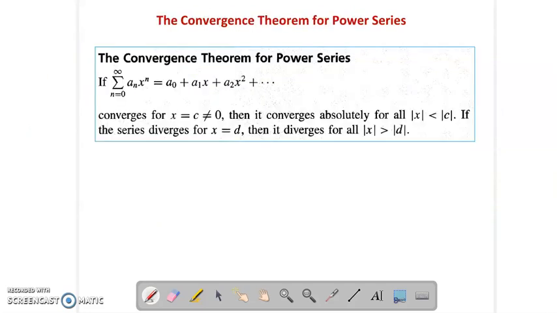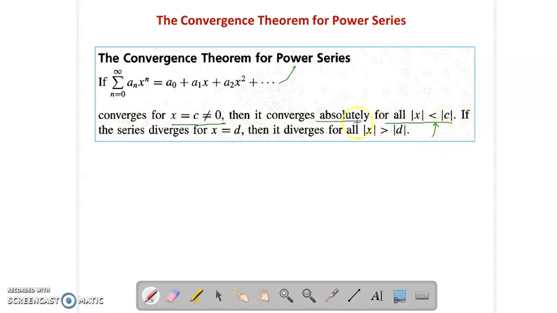Next is the convergence theorem for power series, which says that if the summation n going from 0 to infinity of a_n times x to the power n converges for x equals c, say you substitute x equals 1 by 2 and you see that this series converges at that value of c, then it converges absolutely for all values of x for which mod of x is less than mod of c.